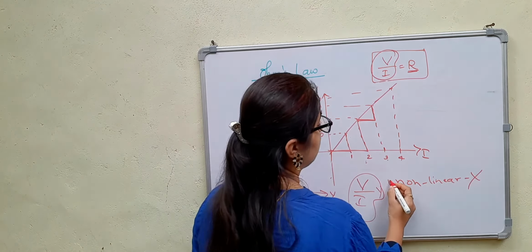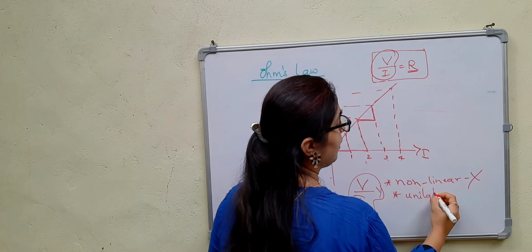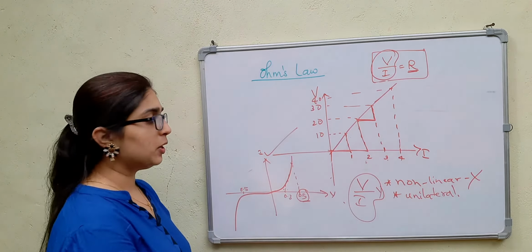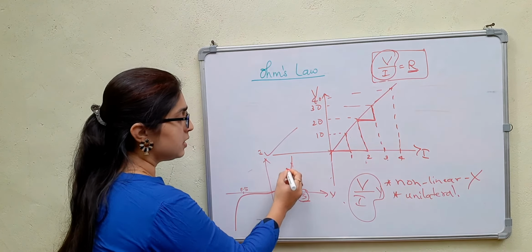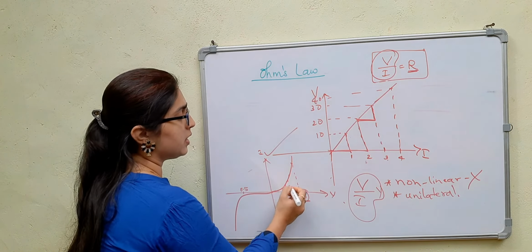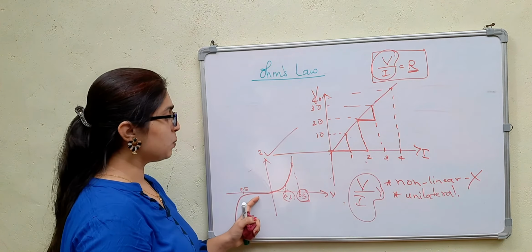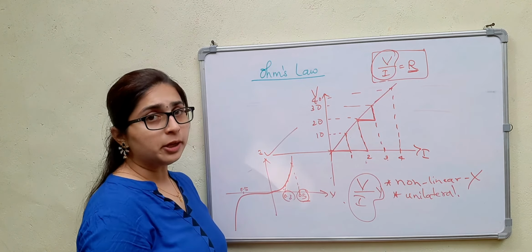And it's not applicable for the unilateral. Unilateral means, once again I will consider a diode. This is unilateral because it is not symmetrical about the origin, right? Here the value is changing, there is a sudden increase in the current, but at this value we do not have a sudden increase. So this is not symmetrical about the origin.